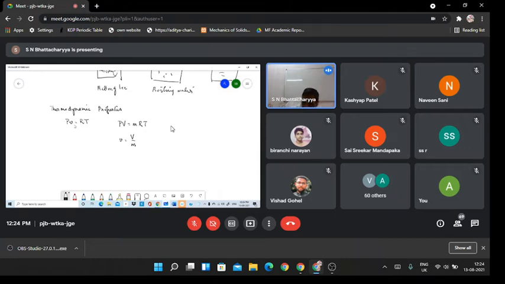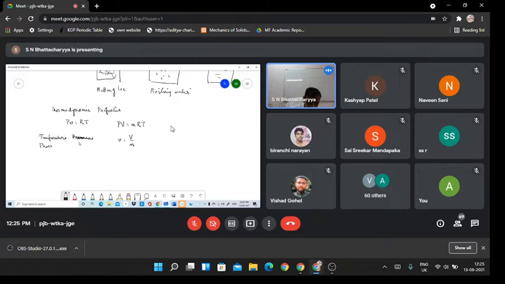So those properties are tabulated in terms of pressure and temperature. So the thermodynamic properties we commonly require are temperature, pressure.